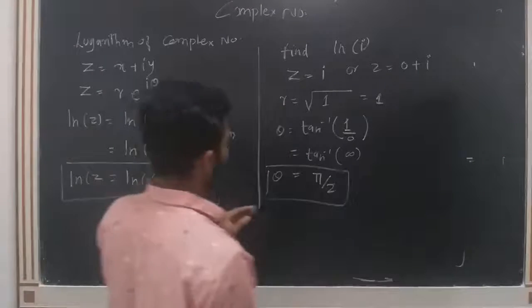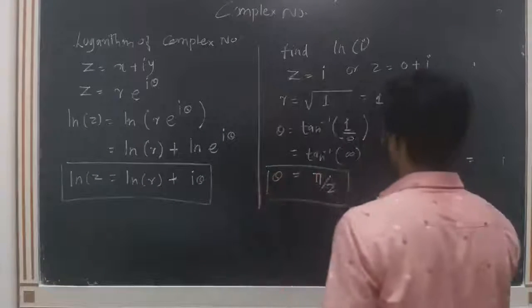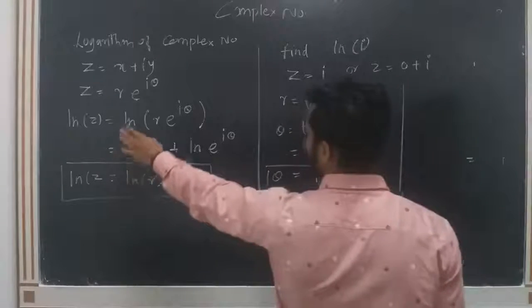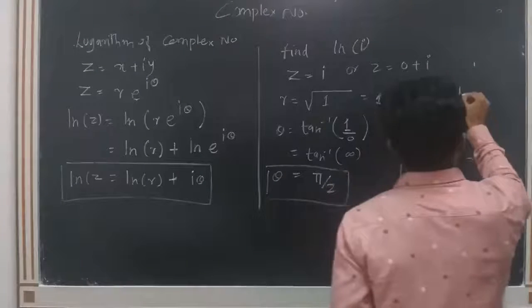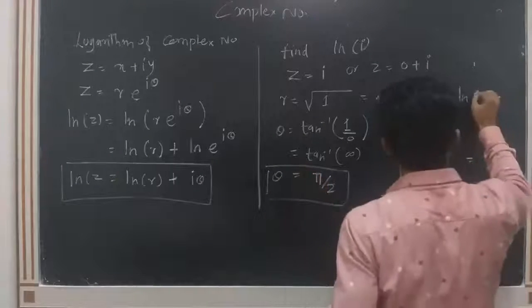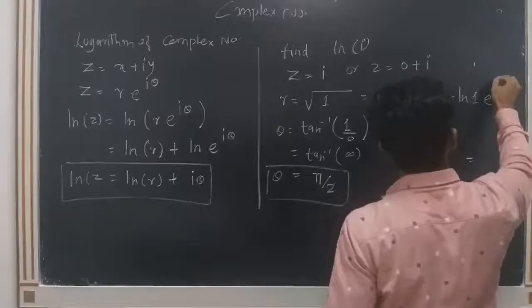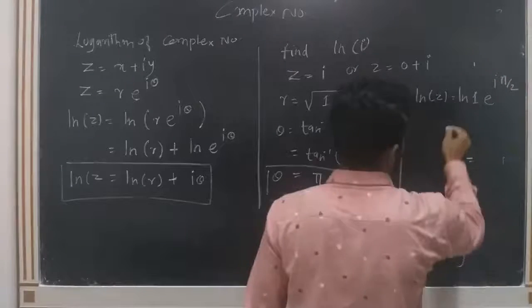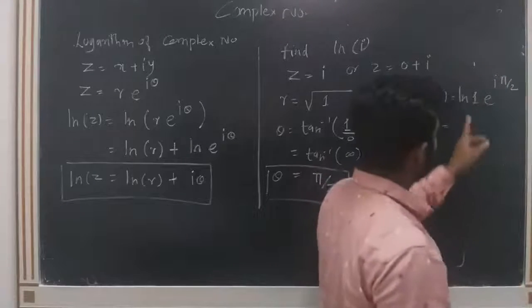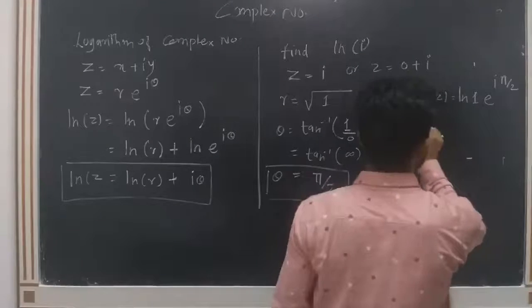Now we can find out log of the given complex number. So ln of z is equal to ln of, what is the value of r? 1. E raised to I pi by 2. So just separate it out.